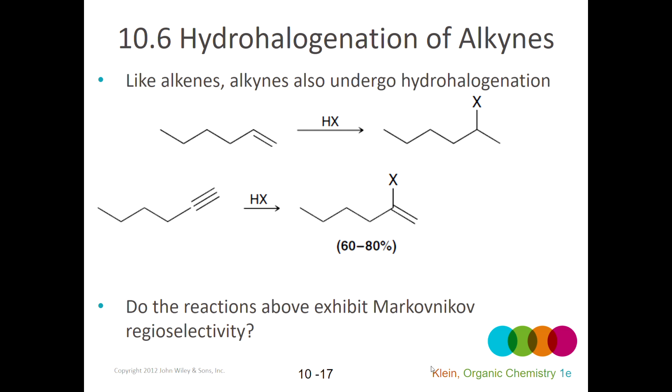Hydrohalogenation of alkenes undergoes a Markovnikov addition, where if I have an alkene and I add a hydrohalogen, that's a hydrogen and a halogen, the hydrogen adds to the side that already had more hydrogens, and the halogen adds to the side that had fewer hydrogens to begin with. Right, that's a Markovnikov addition. It goes through a carbocation intermediate.